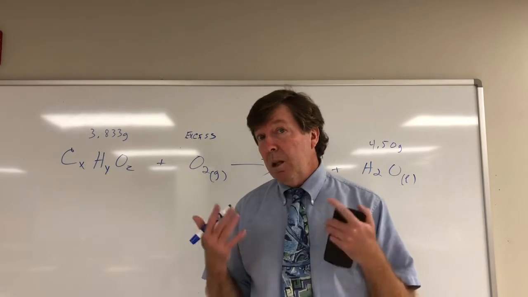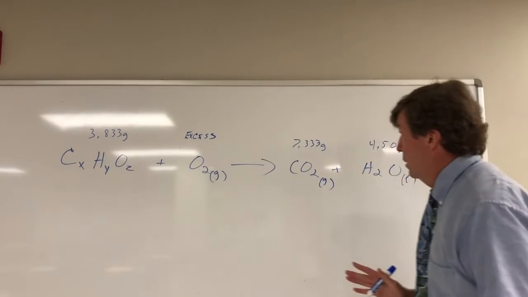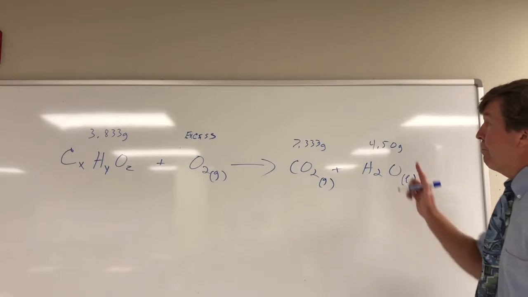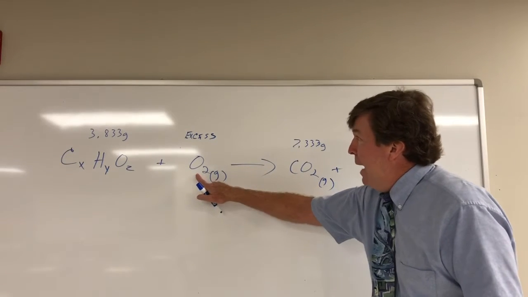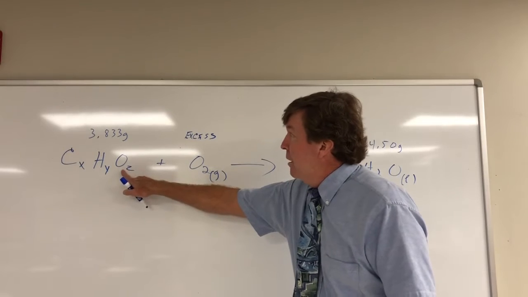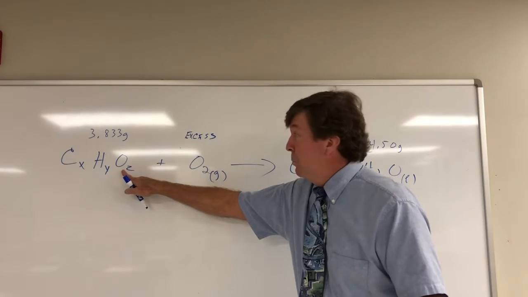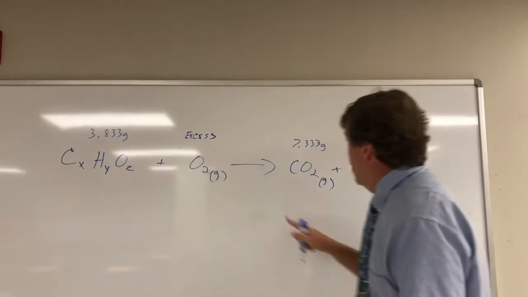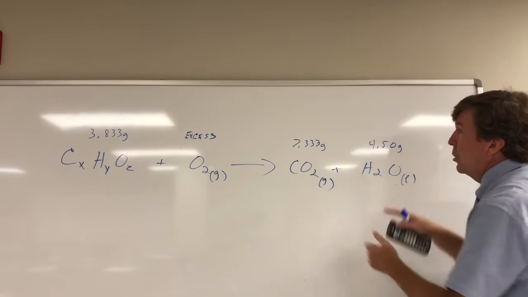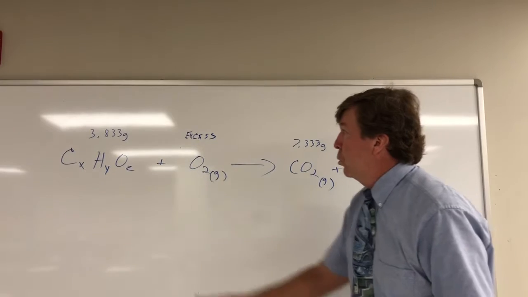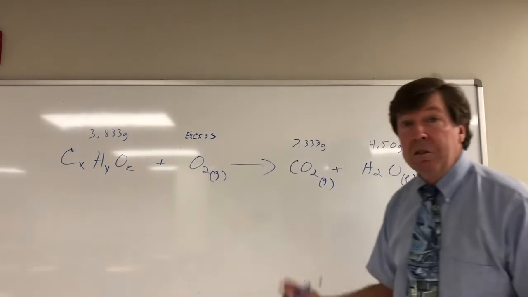Now we need to be careful here. There's oxygen that's reacting that is not part of this original compound, so that's important. Notice oxygen from here and here could have come from this source or could have come from that source. We're just not sure.